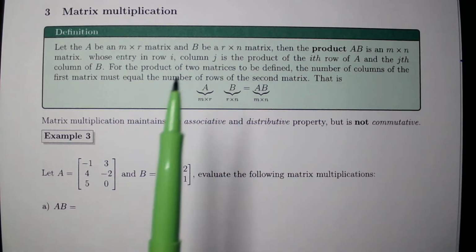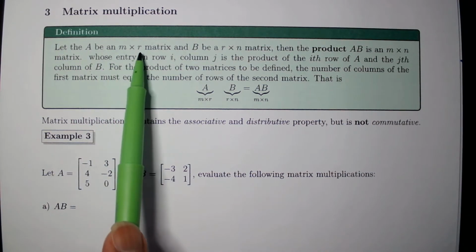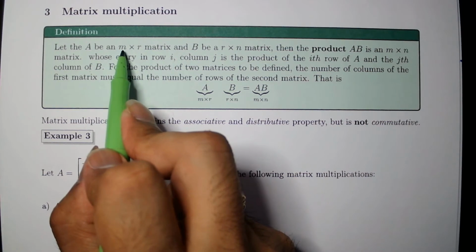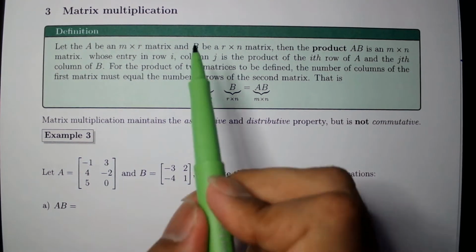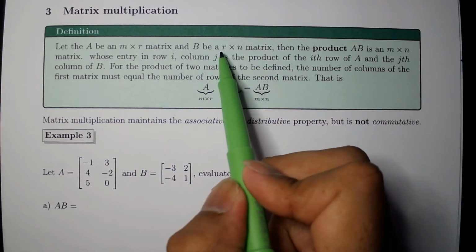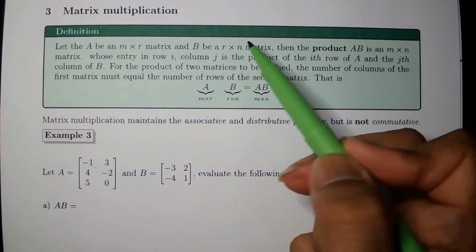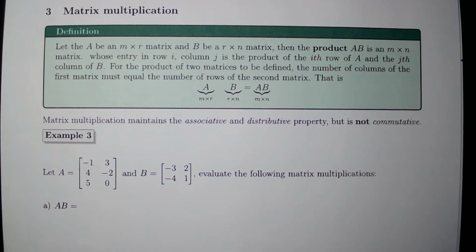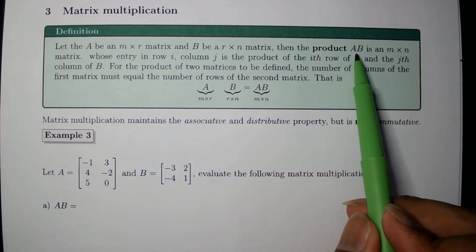In this case, we are going to multiply the matrix A, which is m by r, that is, it has m number of rows and r number of columns. And then we have another matrix B that is r by n. In other words, it has r number of rows and n number of columns. So the product will be AB.